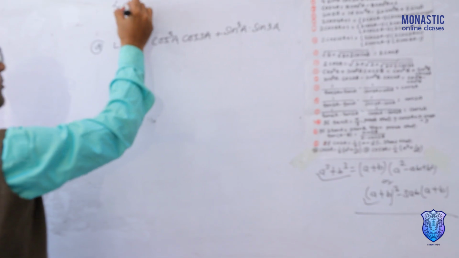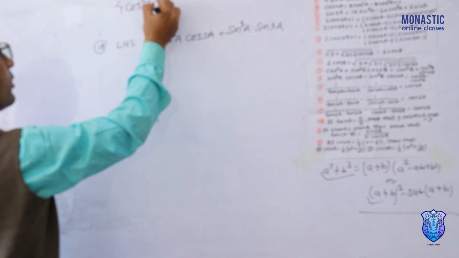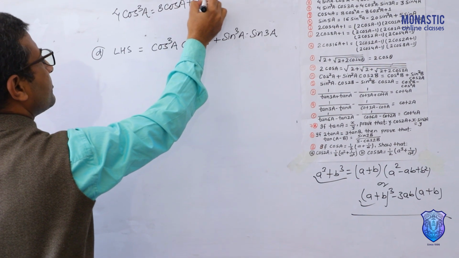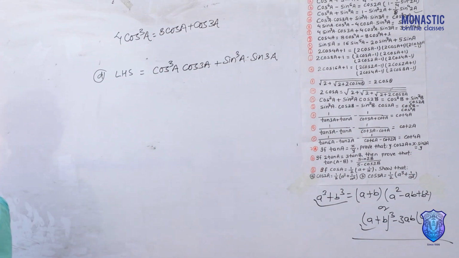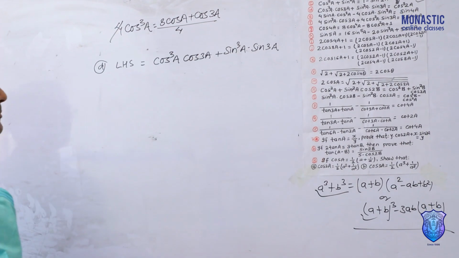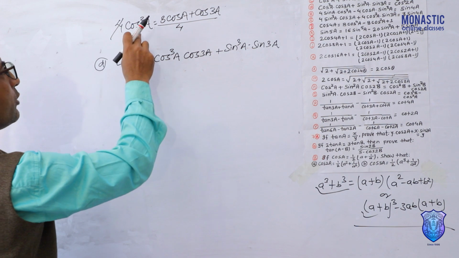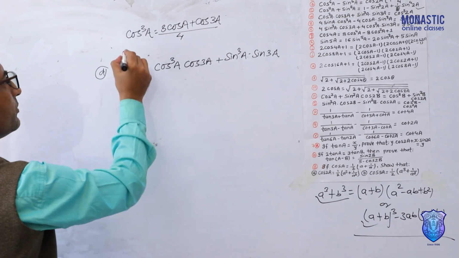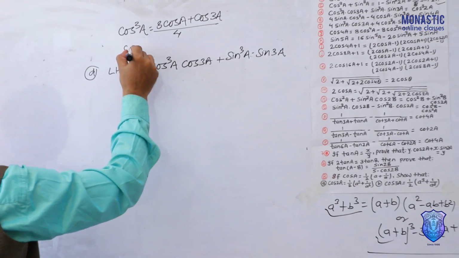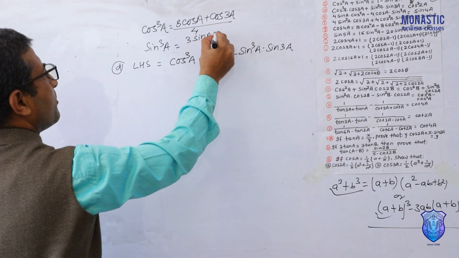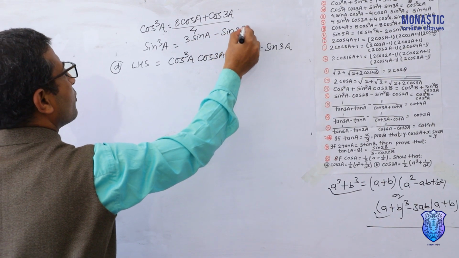We have learned 4 cos cube A formula, 3 cos A plus cos 3A. If there is no 4, in place of 4 we can write there. So we have cos cube A formula 3 cos A plus cos 3A by 4. Same way, sine cube A formula is 3 sine A minus sine 3A by 4.